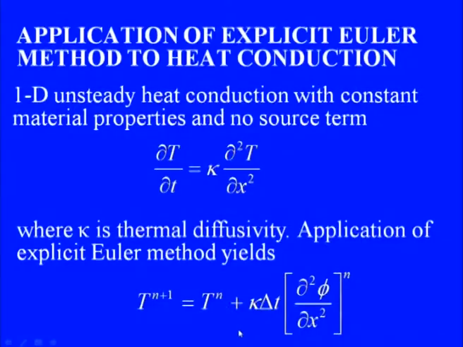Now let us use our explicit Euler method. So T^(n+1) is equal to T^n plus kappa times delta t times ∂²T/∂x². This derivative has to be evaluated at the known time instant, and now we should choose an appropriate finite difference approximation to this second order derivative with respect to the spatial coordinate x.